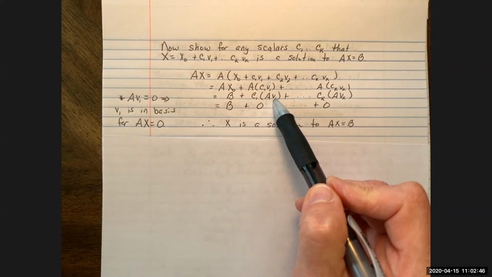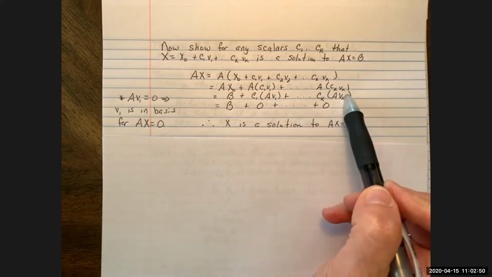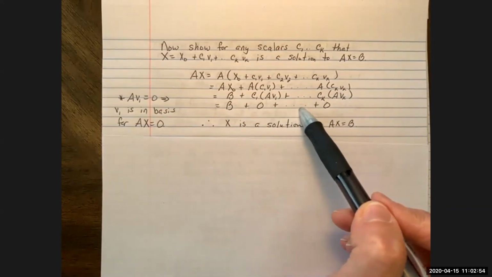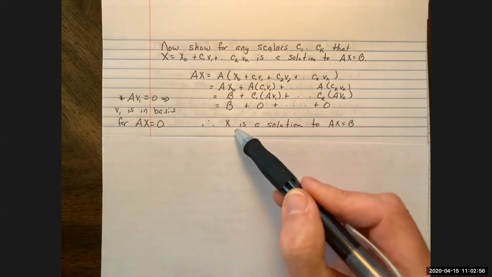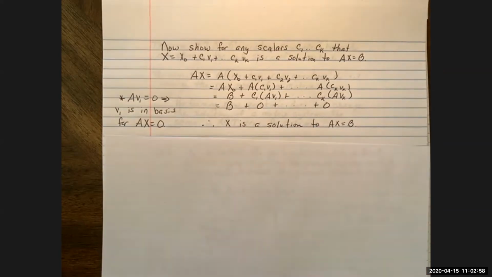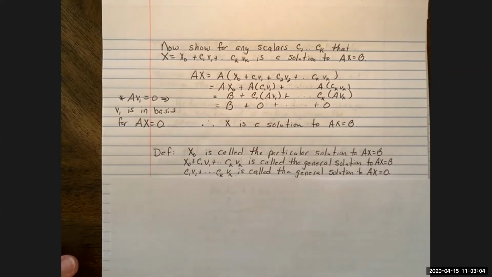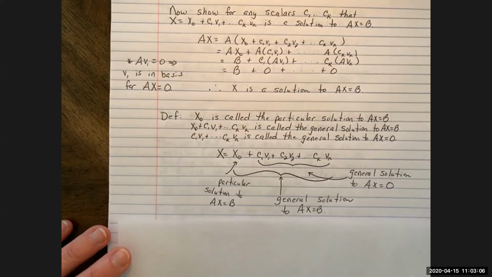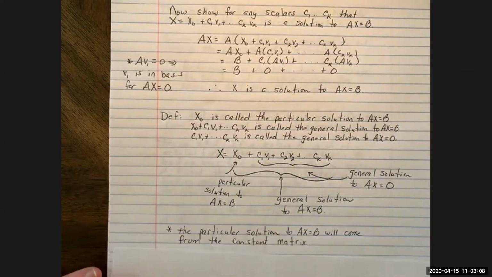Each of those vectors is in the basis for Ax equals 0, so they have to give you a solution of 0. So we get b plus however many zeros, therefore x is a solution to Ax equals b. So there's the proof of that theorem. Now here's what it's going to look like when we use that.